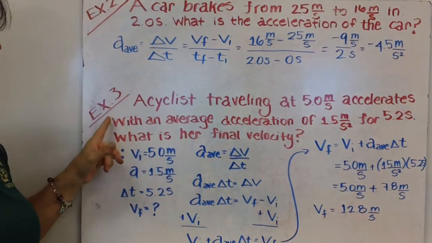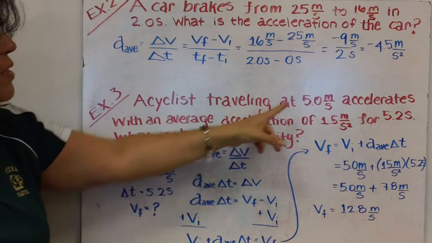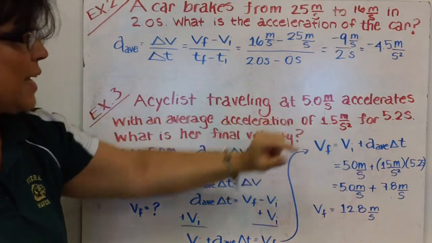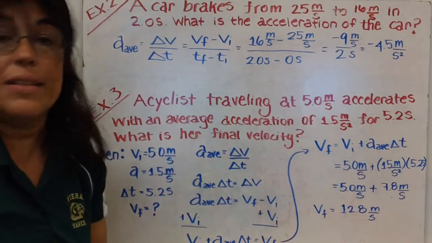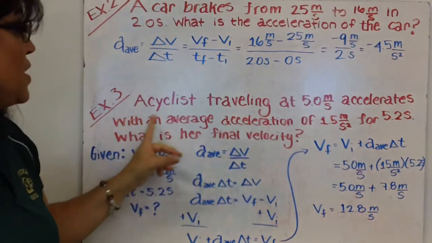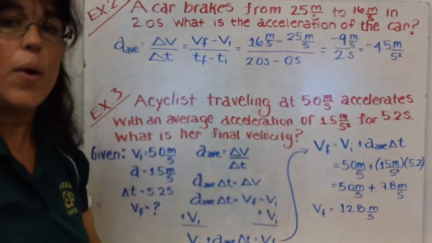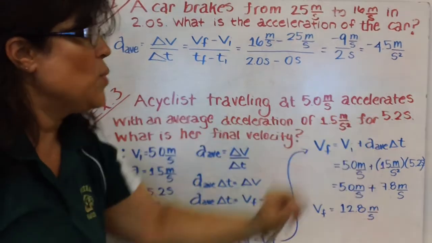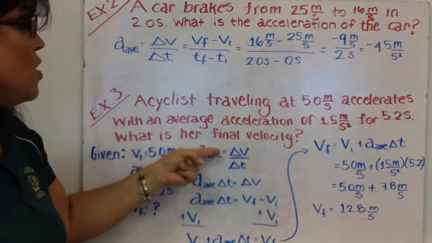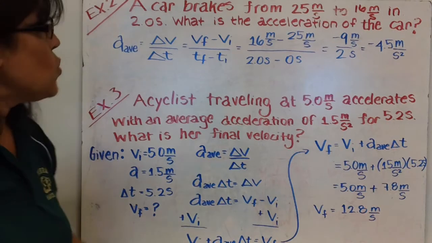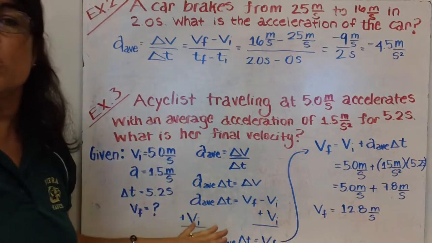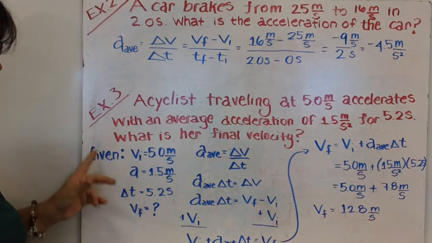Now example 3. We have a cyclist traveling at 5 meters per second. That's its velocity. It accelerates with an average acceleration of 1.5 meters per second squared for 5.2 seconds. What is her final velocity? Now this one's a little bit more involved, so I'm going to write here our given.